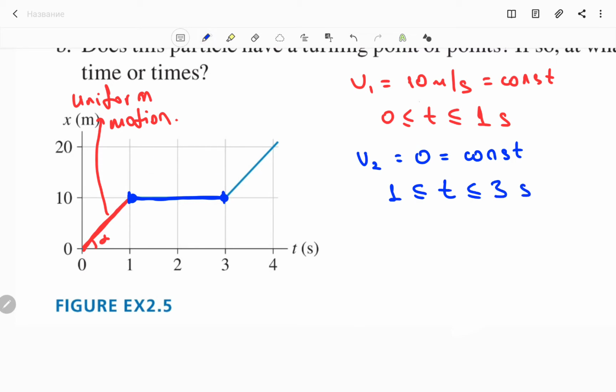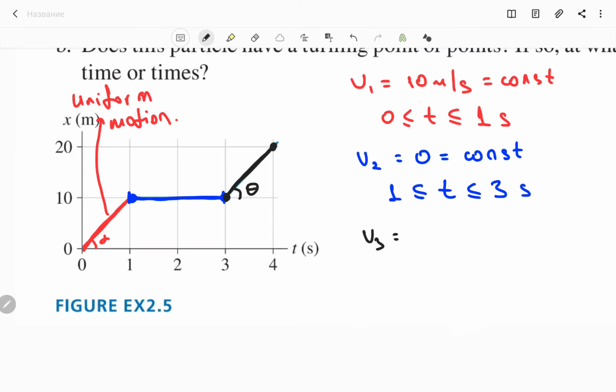Now the last part. We have again a straight line, again this angle, let's say theta, the slope is constant, so it's obvious that velocity here is also constant. Let's call it v3, and let's find the numerical value, the magnitude, for this part. Initially, when time was equal to 3, position was equal to 10.